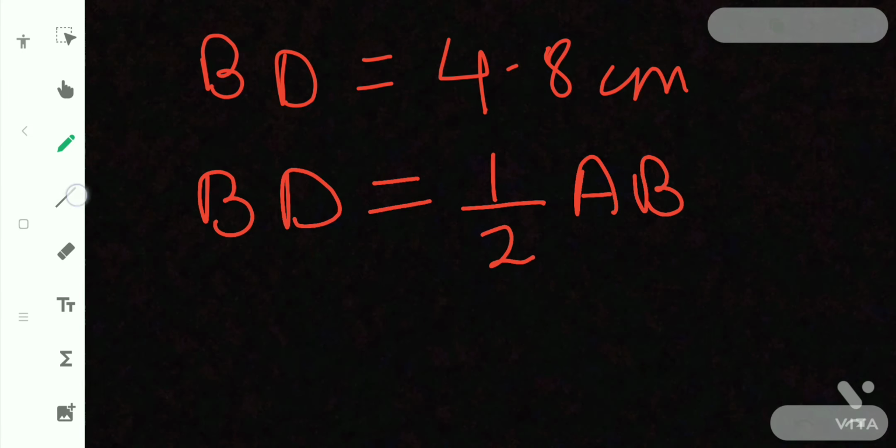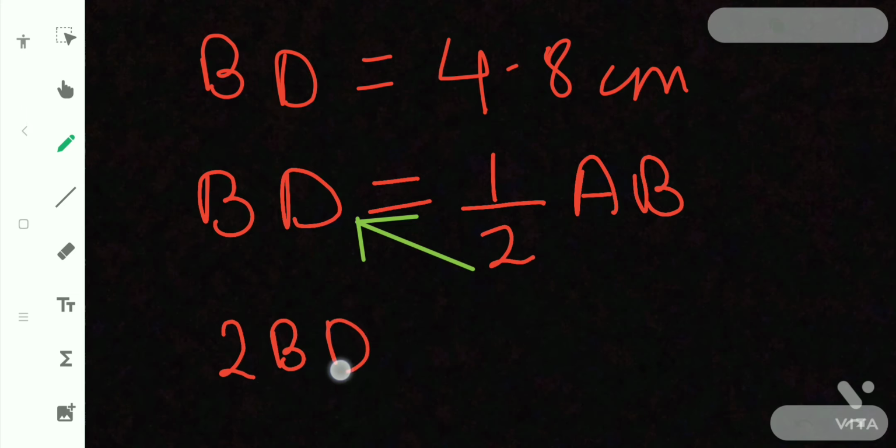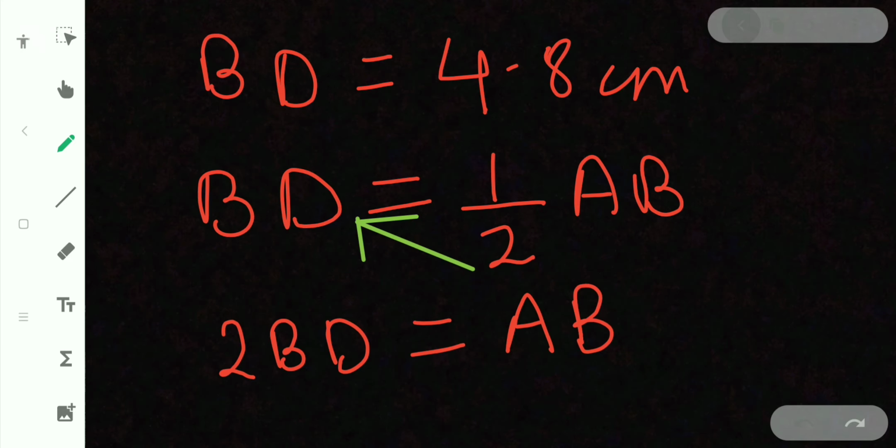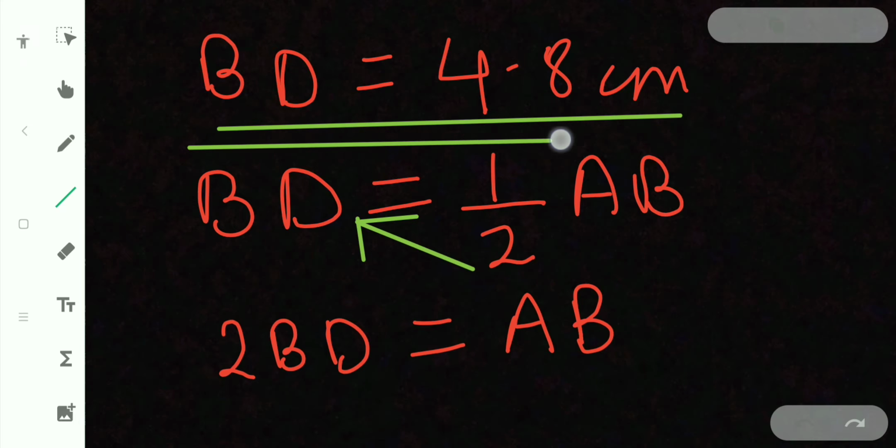Now on transposing 2 onto the LHS, we will be getting 2BD is equal to AB. So what is 2BD? 2 into BD, we have the value 4.8 centimeter. Here you can see the double underlined one, 4.8 centimeter.